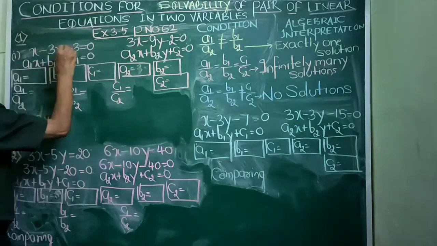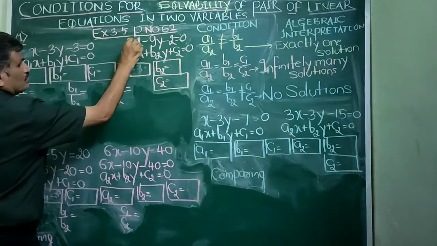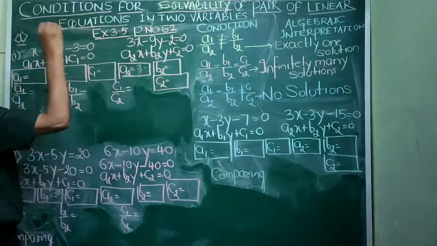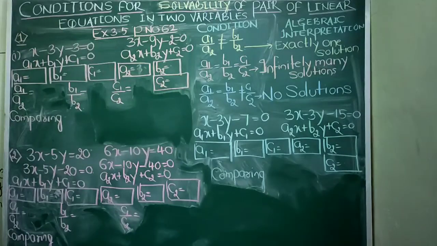Let us suppose I am taking the first problem from exercise 3.5, page number 62, problem number 1. If I have to check whether these two equations have a unique solution, infinitely many solutions, or no solution, how do I find out? We have to compare the coefficients.